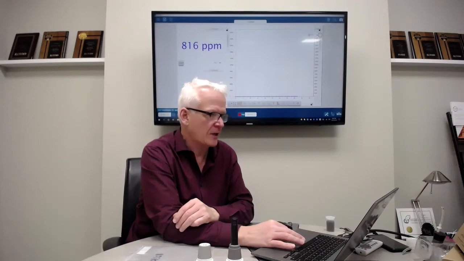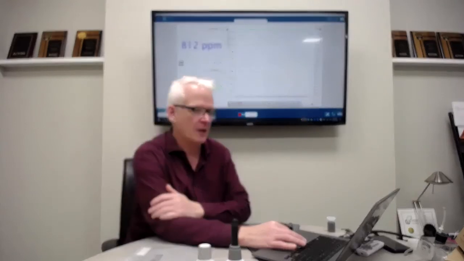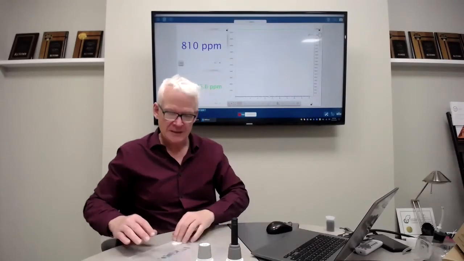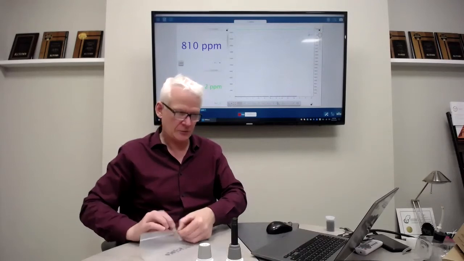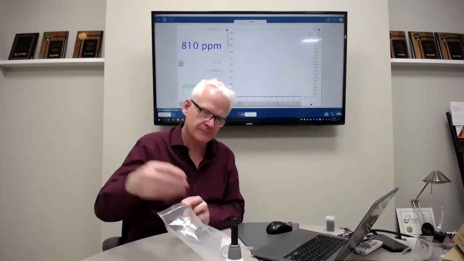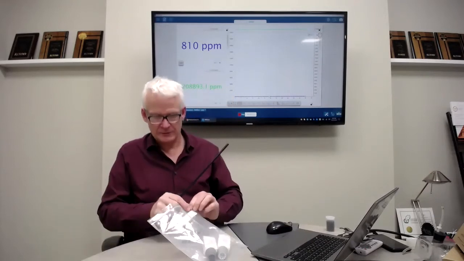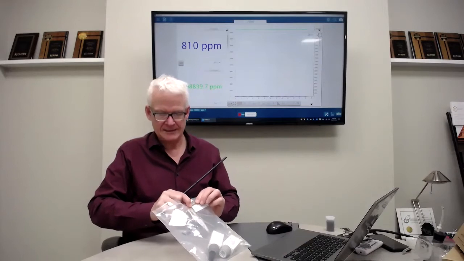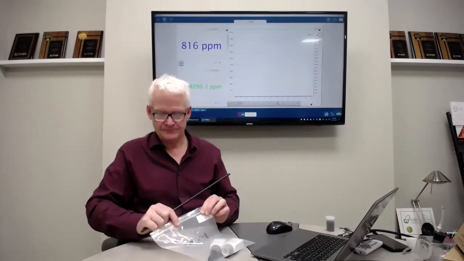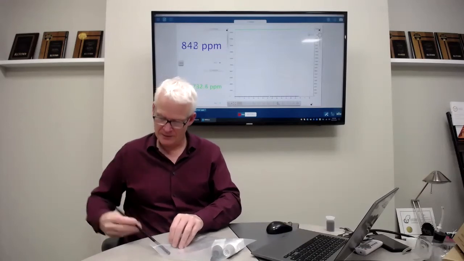So I've got my oxygen right at the top and my CO2 at the bottom. Now I'm simply going to take those 2 sensors and put them in the bag, like that. This is the exciting part. I'm going to close the bag up, then put my makeshift straw in there.